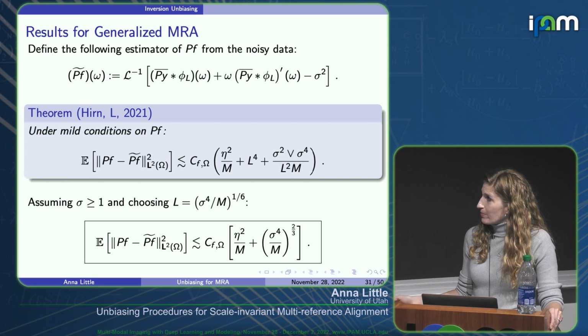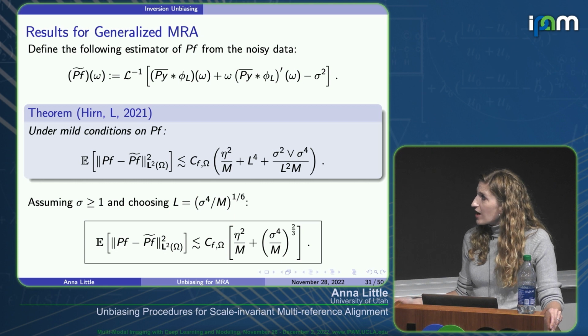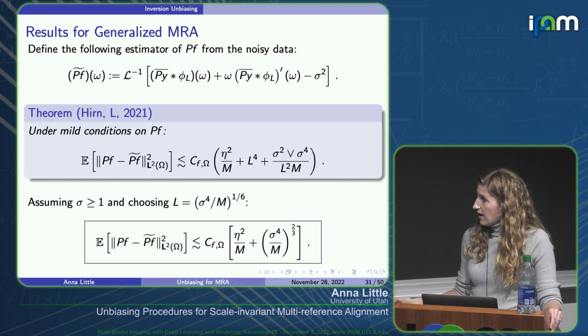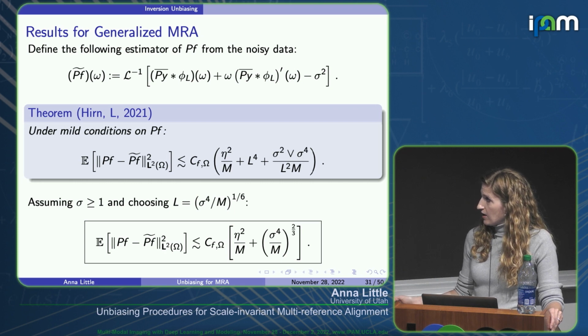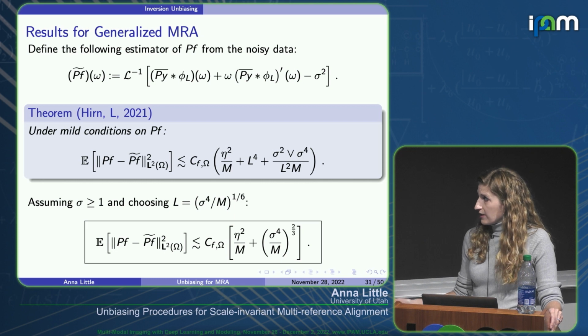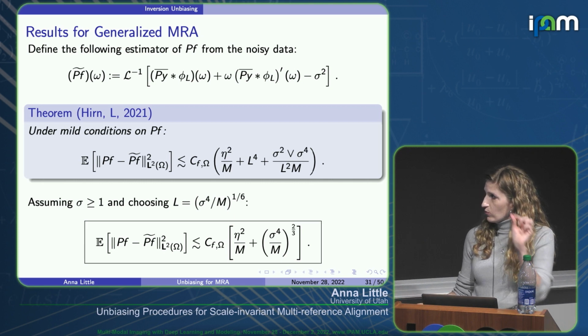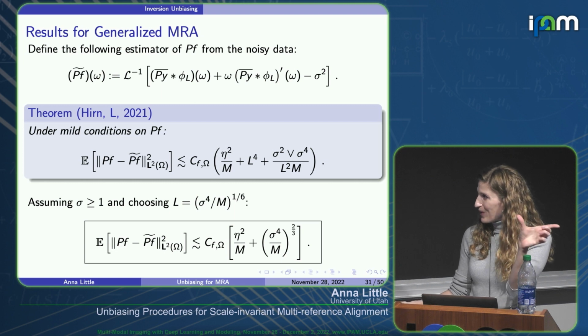Then what you can show is that, under mild conditions on the power spectrum, the mean squared error of this estimator scales in the following way. But probably more importantly, what do you get if you choose the width of that Gaussian filter in the correct way?